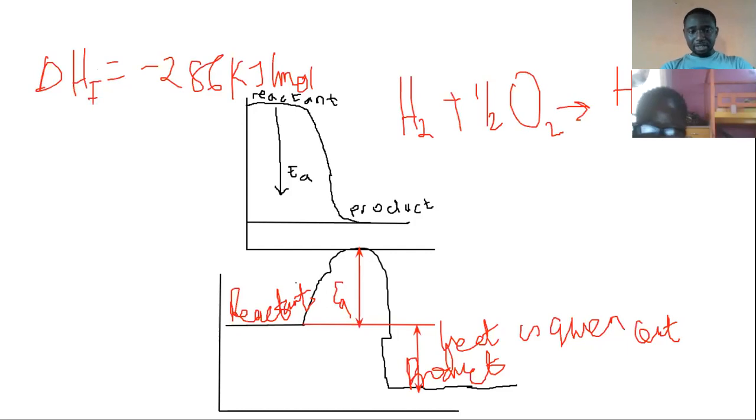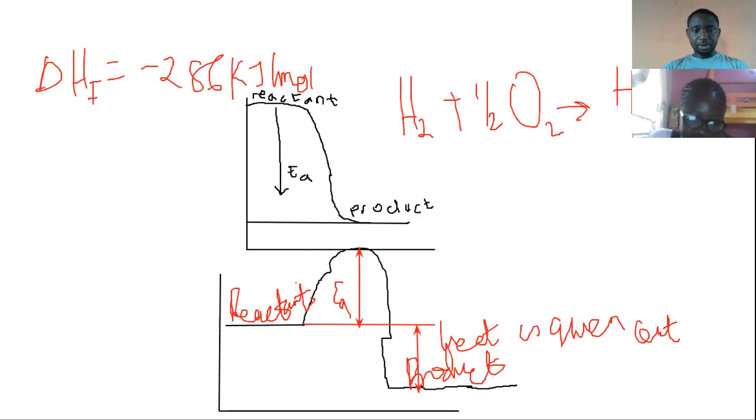Now let's talk about heat of combustion. This is the heat involved when one mole of a substance is completely burnt in oxygen under standard conditions.